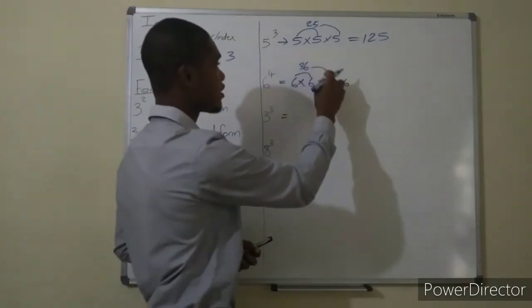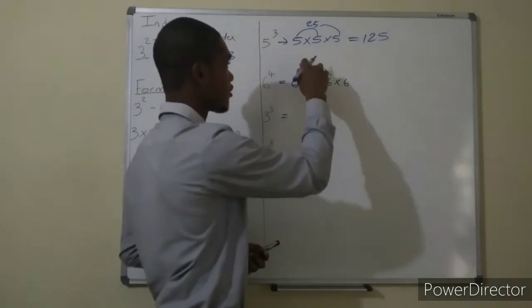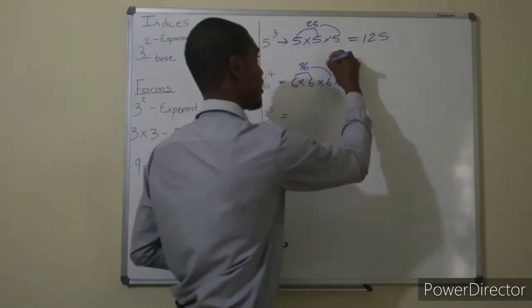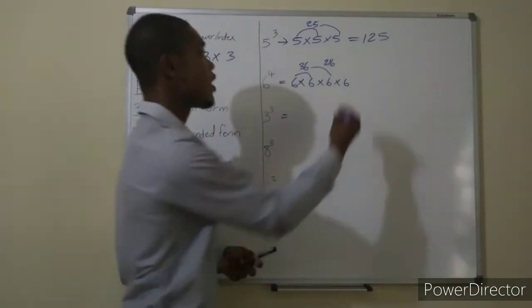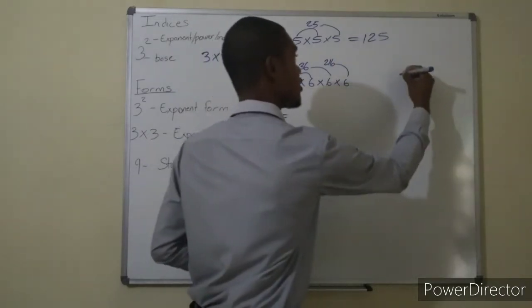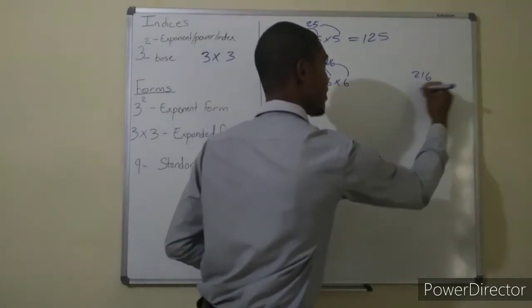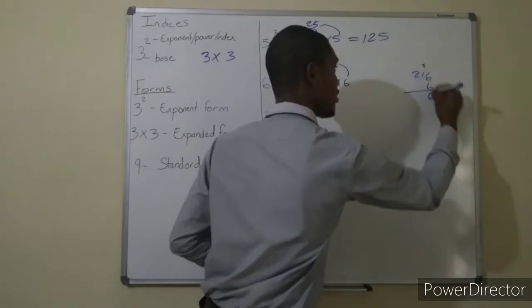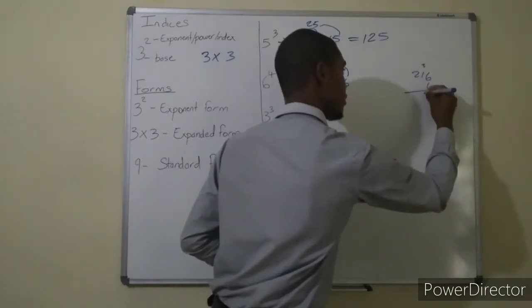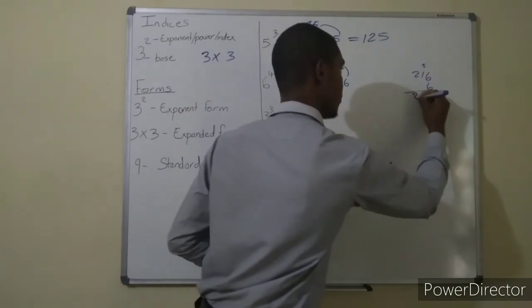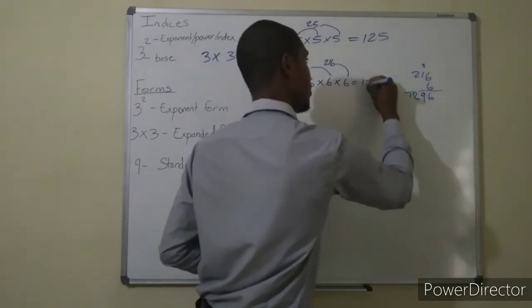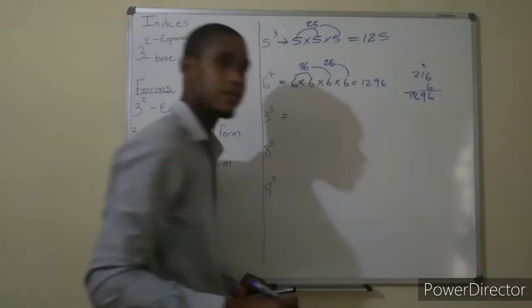So 6 times 36, so 6 6s, 36, carry 3, 6 3s is 18, and that gives you 216. Now you have another 6 here, so you just say 216 multiplied by 6, 6 6s 36, carry 3, 6 1s are 6, and 3 is 9, 6 2s is 12. So equals 1296.